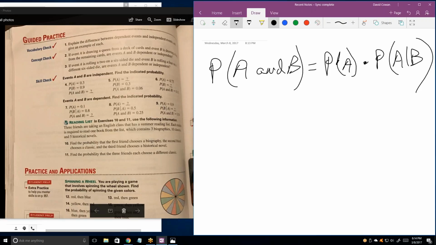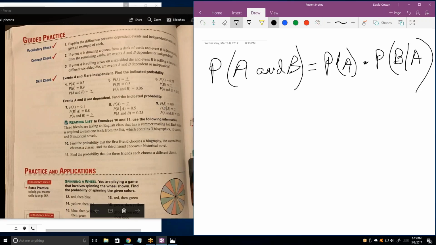For number 8, they're going to give us the probability of B given A. I wrote it wrong. It's not A given B, it's B given A.